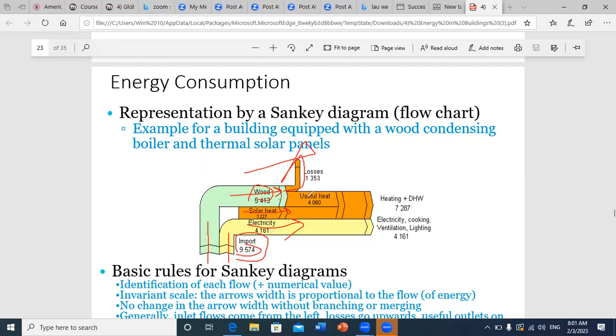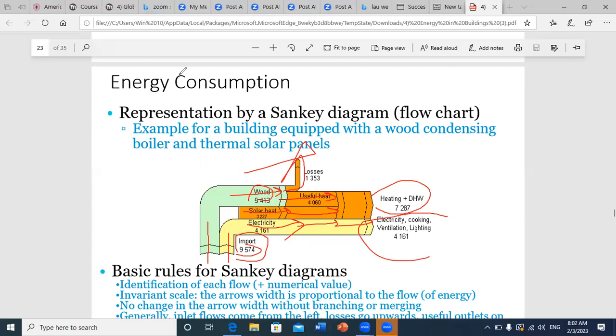So let's say you can extract usable heat of 4,060, while solar heat you will use completely, and electricity also. So you can determine the useful heat for heating and domestic hot water, and electricity will be used for electricity, cooking, ventilation, and light. This diagram will help you know your inputs, outputs, and losses, to study the energy efficiency of your system.